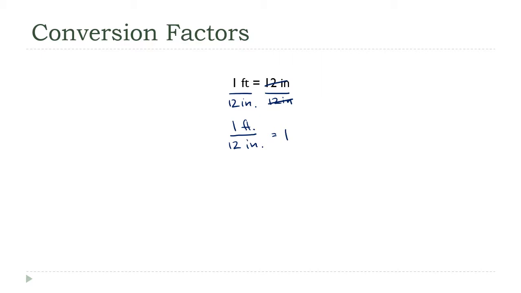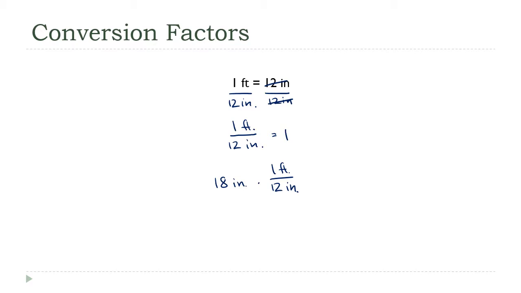So, for example, let's say I have a measurement like 18 inches, and I want to convert this into feet. Well, I can multiply that by 1 foot divided by 12 inches. And that doesn't change its value because that ratio, the 1 foot divided by 12 inches, is equal to 1.